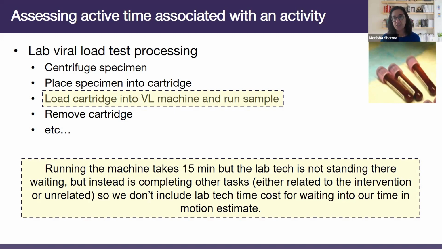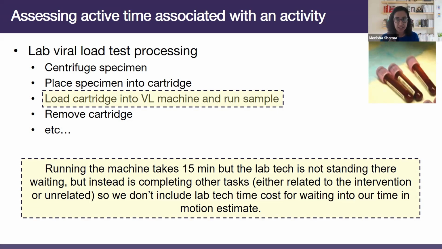And let's say, just as an example, perhaps running the viral load machine takes 15 minutes, but the lab tech isn't standing there for 15 minutes just waiting for the machine to run. They're doing other tasks, something completely unrelated to this viral load test. So we don't want to count the lab tech time where it's not actively associated with this particular activity.